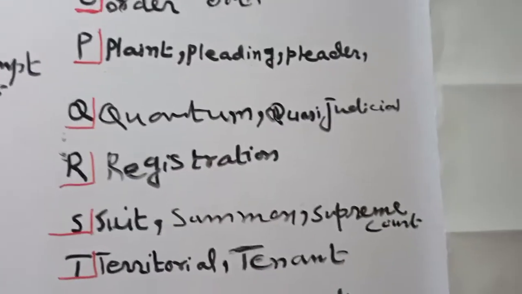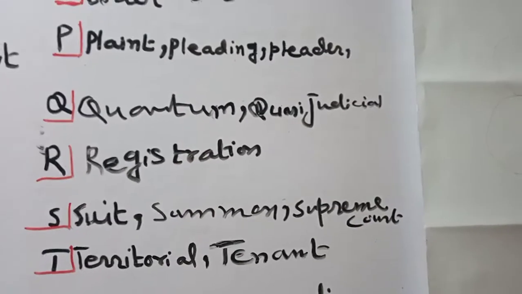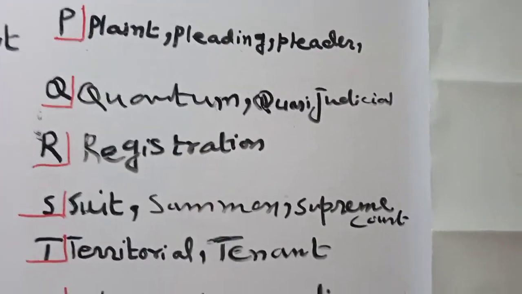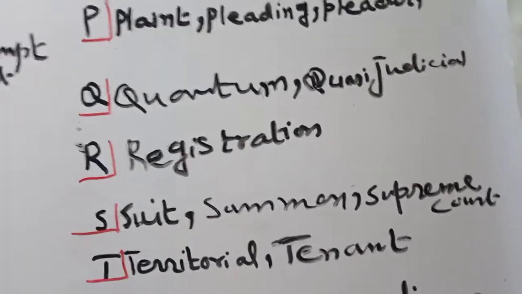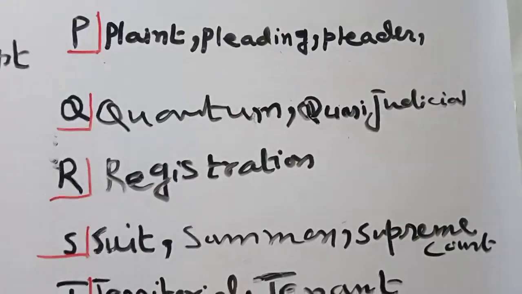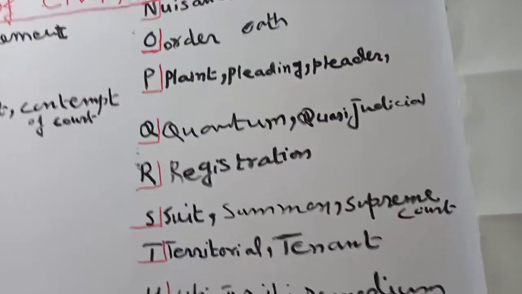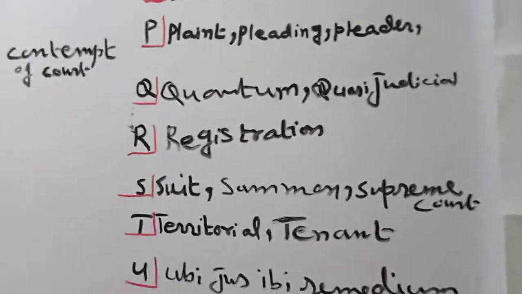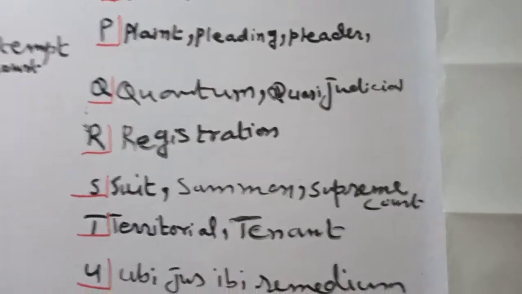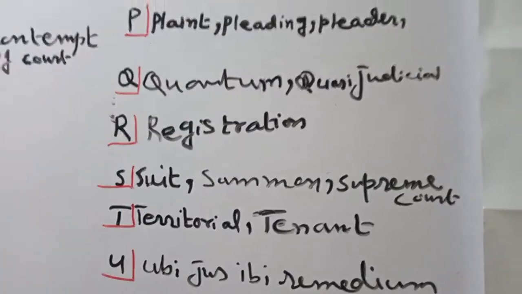What is plaint? Plaint means anything which is in writing form, a matter of issue, written in writing form. You can say case in simple language, but in legal language, plaint. Suit or plaint. And when plaint goes into the court, it becomes suit.